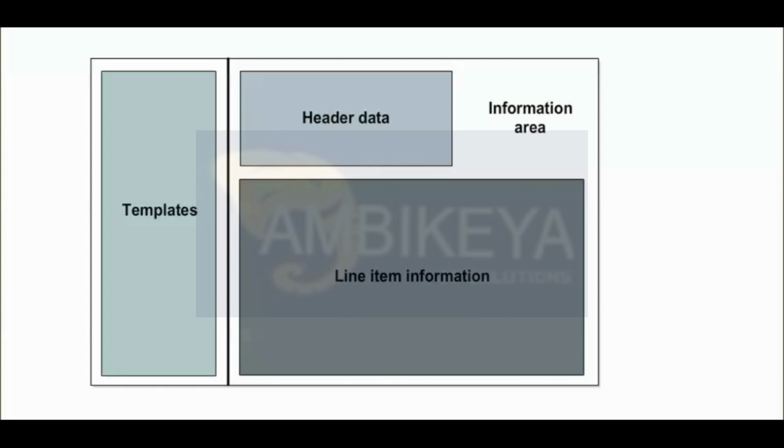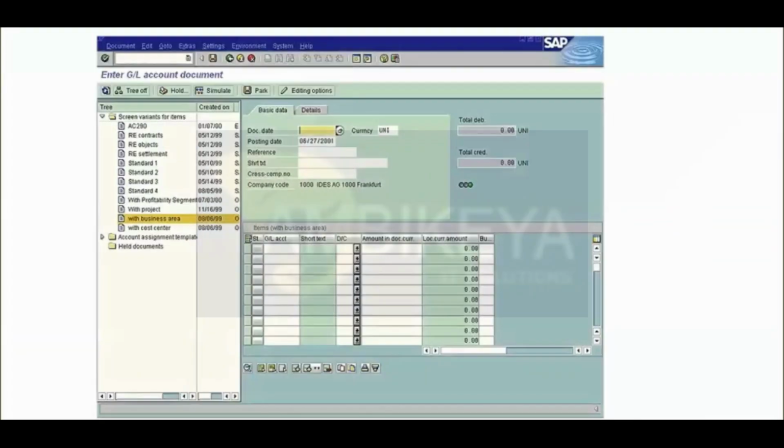Here, the line items of the document are entered. Information area. Here, the debit and credit balances are displayed by using a traffic light icon. This is an overview of the GL Document Entry Enjoy screen.